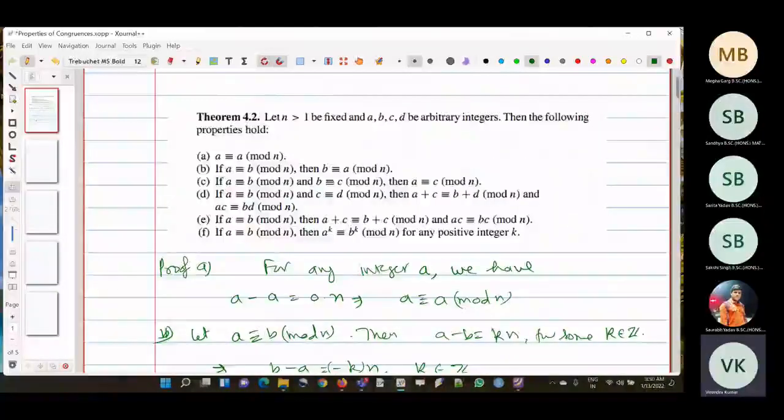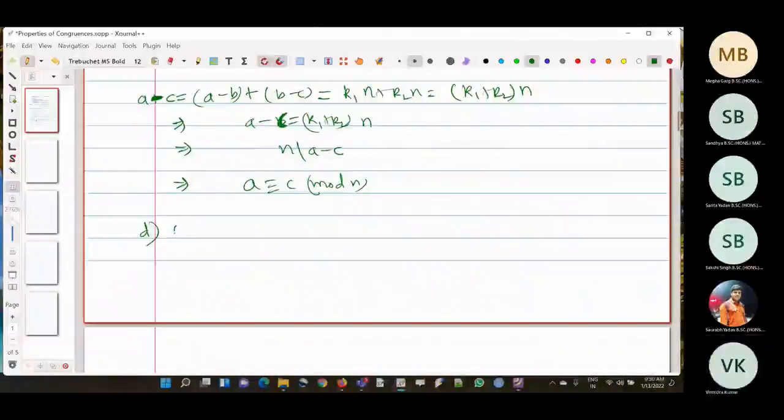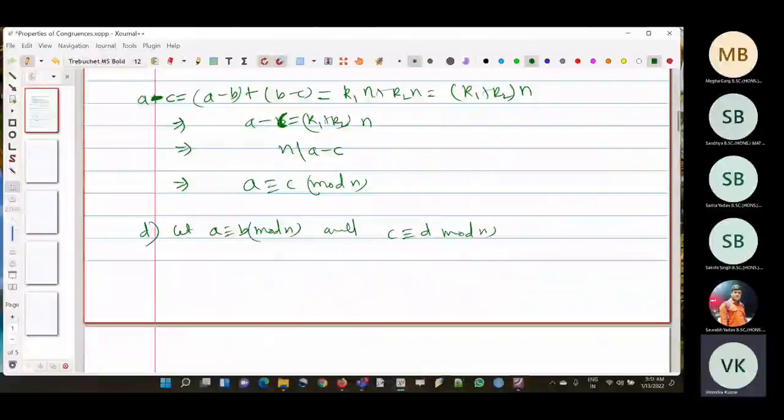The D part says that if A is congruent to B and C is congruent to D, then we can add them and multiply them side by side. Okay. So the D part, let A be congruent to B modulo n, and C be congruent to D modulo n.